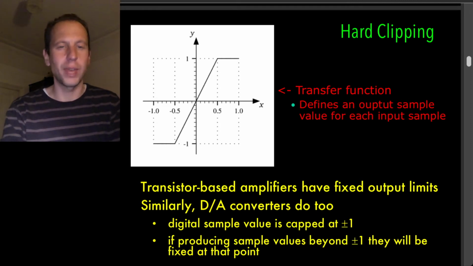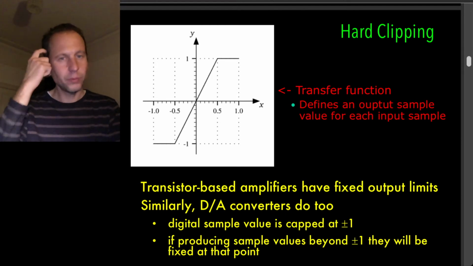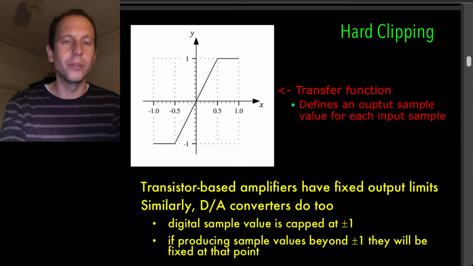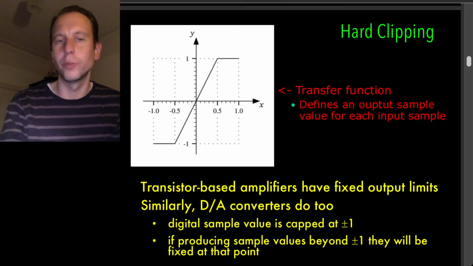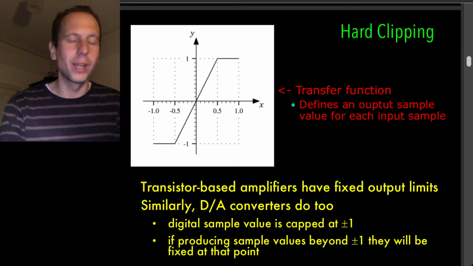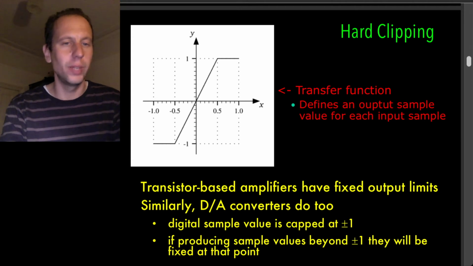So input is the x-axis, horizontally between 0.5 and minus 0.5. And then if the signal exceeds these values, it gets clipped. So no matter what value comes in between 0.5 and 1, on the output, you can read the y-axis, it will always be 1.